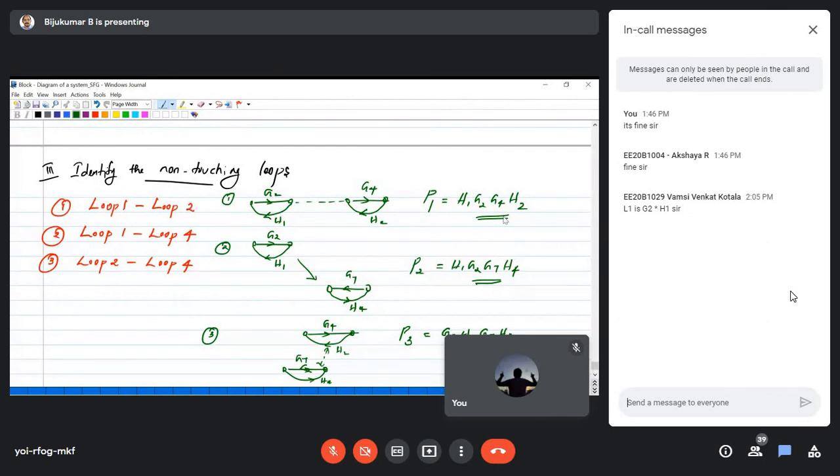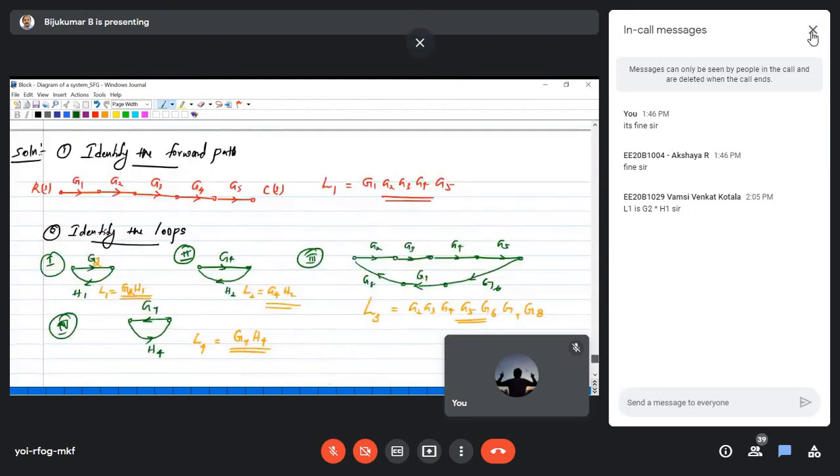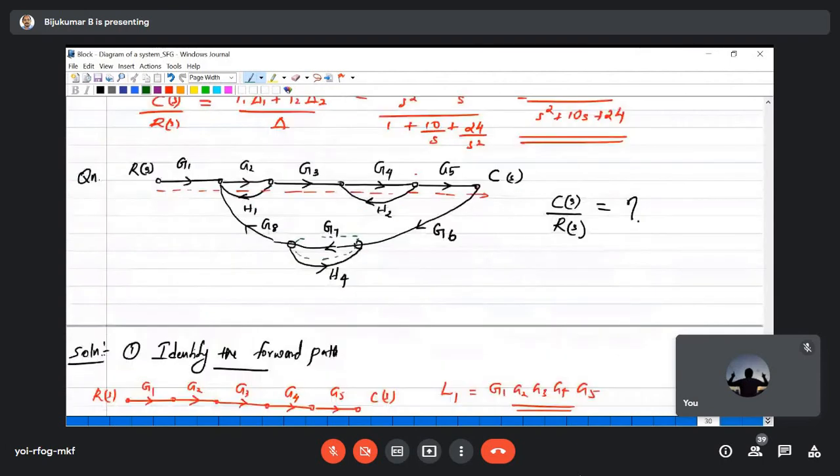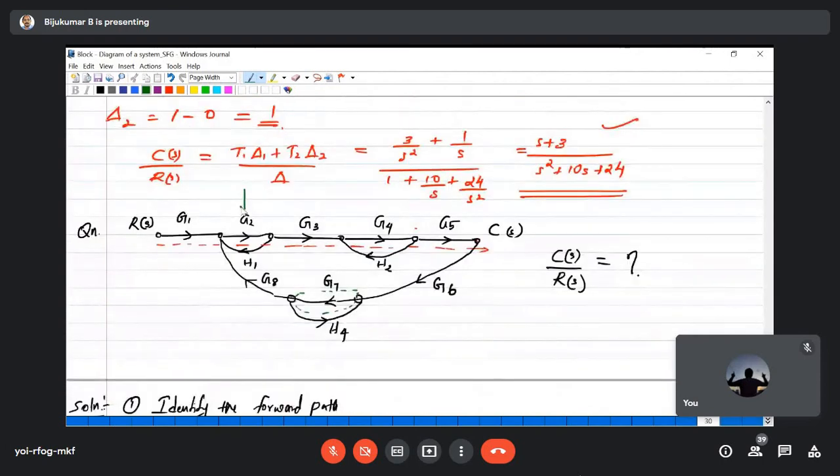Yes. If you see L1, L2 and L4, right? L1 is this one, L2 is this one, L4 is this one, right? These three are non-touching. There is no common nodes.